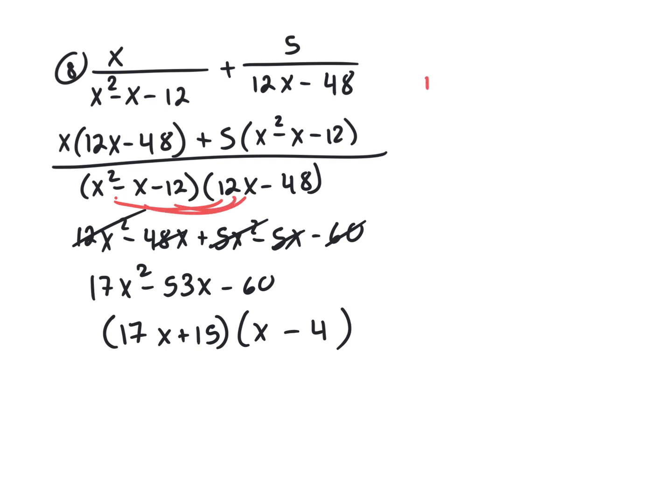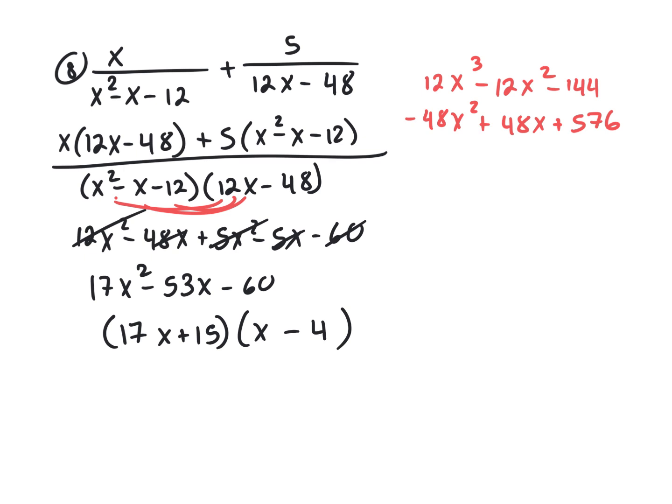So we end up with 12x cubed minus 12x squared minus 12 times 12 is 144, so we get minus 144, minus 48x squared plus 48x, and 48 times 12 is 576, but it's going to be positive because a negative times a negative is a positive.